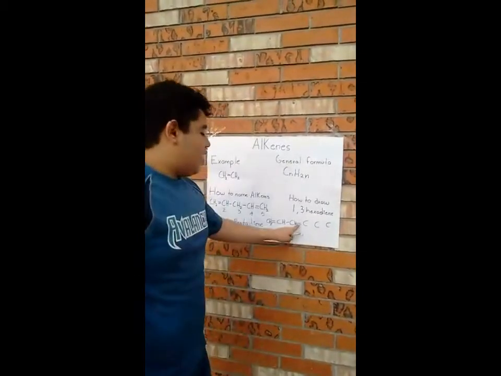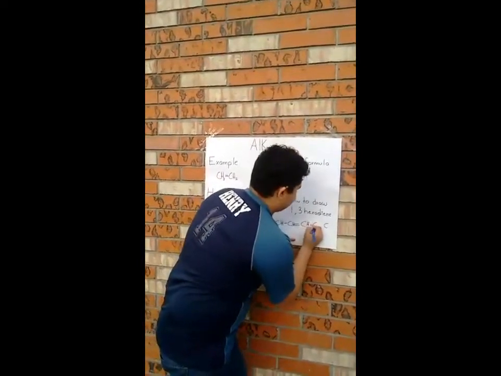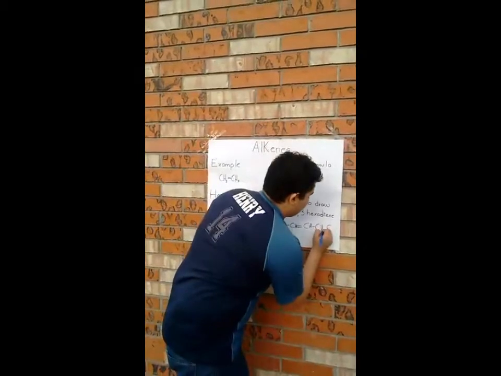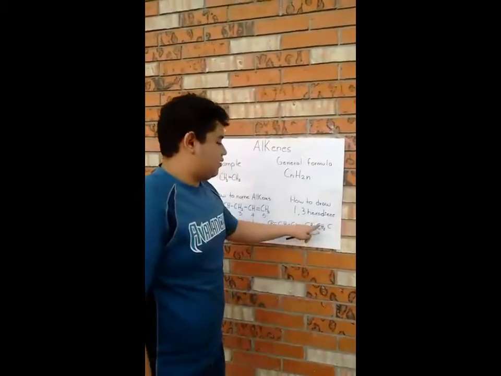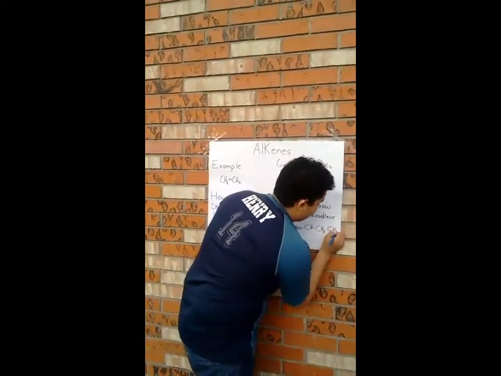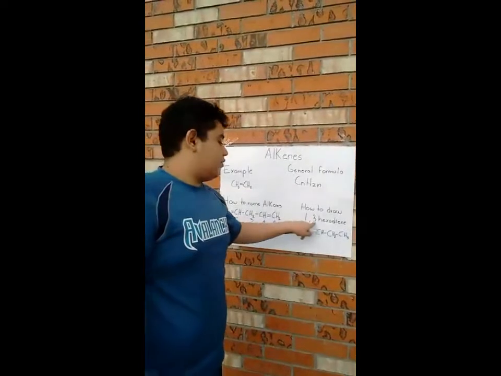And double bond and 1 bond is 1 hydrogen. 1 bond and 1 bond means that there are 2 hydrogens, and 1 bond means that there are 3 hydrogens. And this is 1,3-hexadiene.